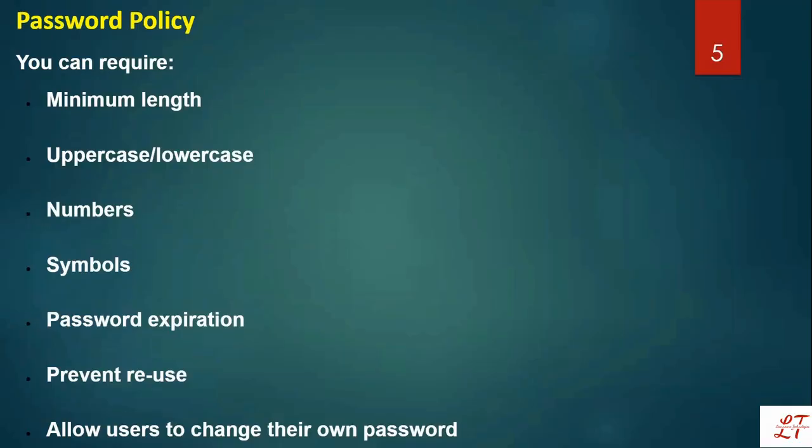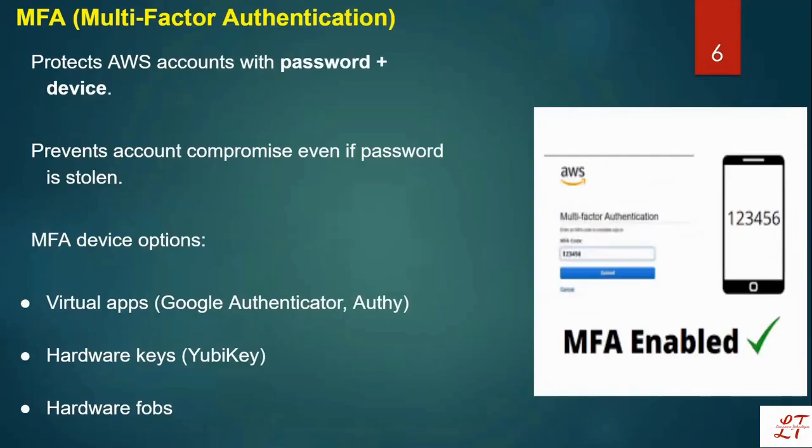And the password policy requires a minimum length, uppercase and lowercase letters, numbers, symbols, password expiration, preventing reuse, and allowing users to set their own password. Coming to multi-factor authentication, it adds an extra layer of protection to your AWS account.